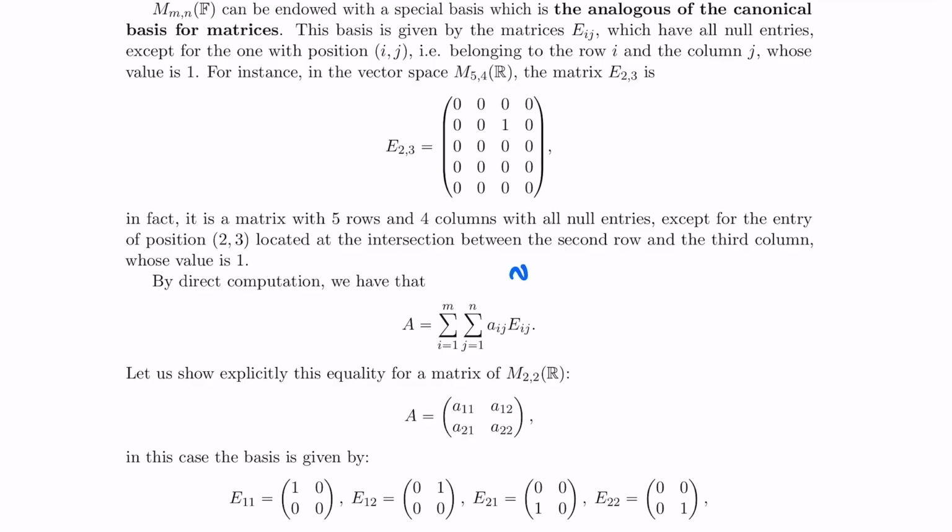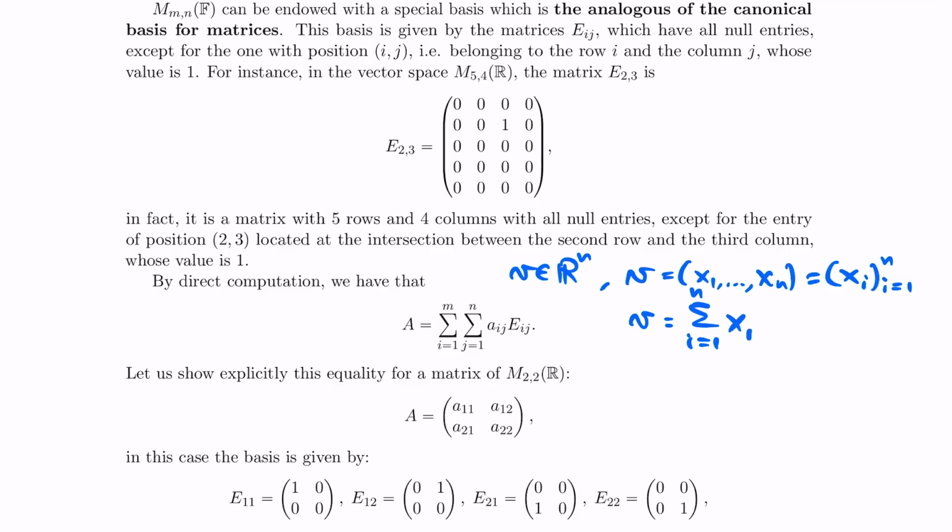Consider a vector v belonging to R^n. You can write v as (x1, ..., xn), and so xi with i that goes from 1 to n, and you know that you can write v like this: v is the sum for i that goes from 1 to n of xi times ai, where ai is the ith element of the canonical basis.